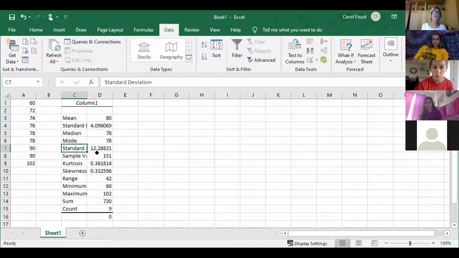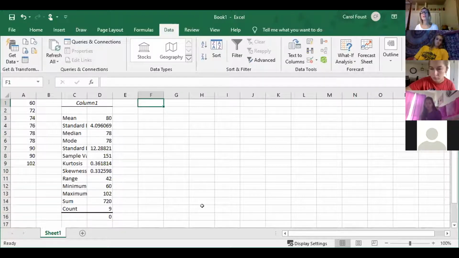The second question asked you to calculate your z-score. What you would have done is taken your raw score.